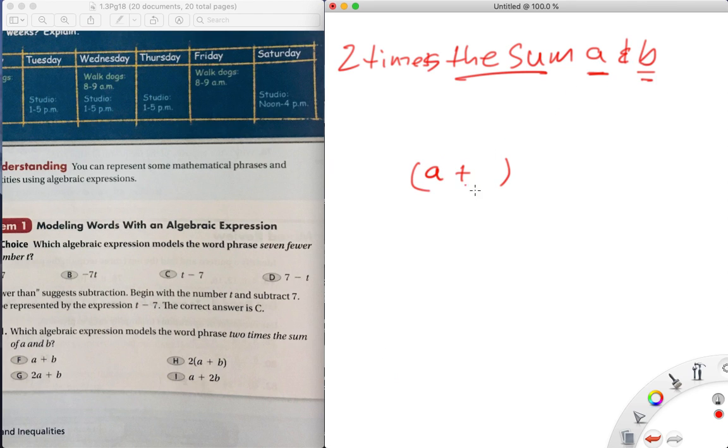Whatever is second is going to be the second thing I put in the parentheses. And it says it was 2 times the sum. So when I think of sum, I think of parentheses. Here I think of A plus B. And since it says 2 times the sum, I think of multiplication. So I'm multiplying some parentheses that has A and B in it, and it says the sum, so I know that I'm going to add whatever that is. And that is identical to H. So it would be H.